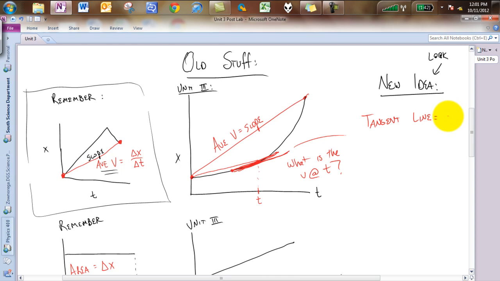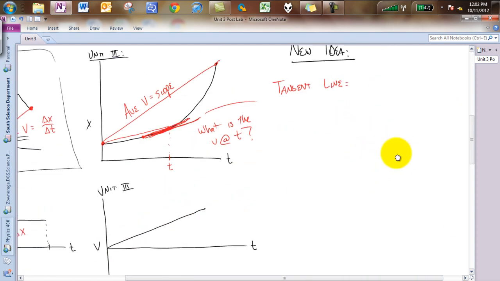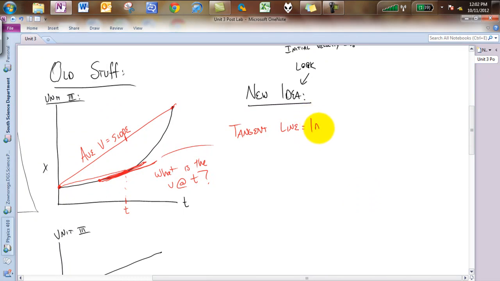So let me actually write that down here. The instantaneous velocity. So this is the velocity at that instant t. And if you do not remember what a tangent line is, let me just kind of draw this in.